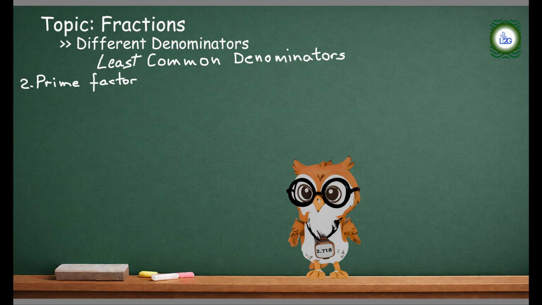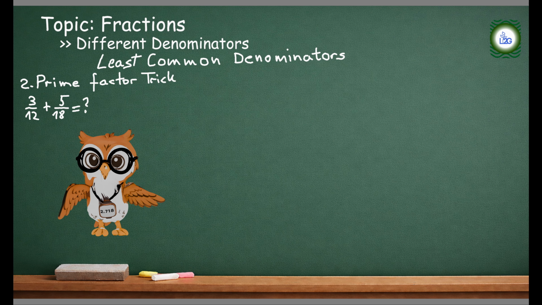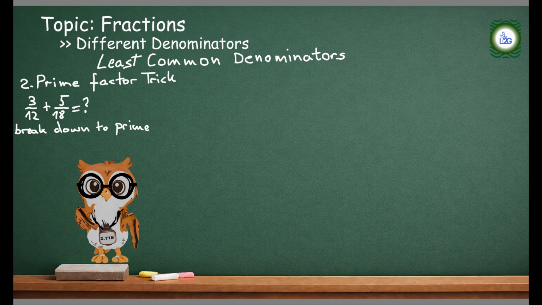Now, let's try the prime factor trick. Assume we have to add 3/12 plus 5/18. With this trick, we first break down the denominators into prime factors. What does that mean? Prime numbers are numbers that can only be divided by 1 and themselves.